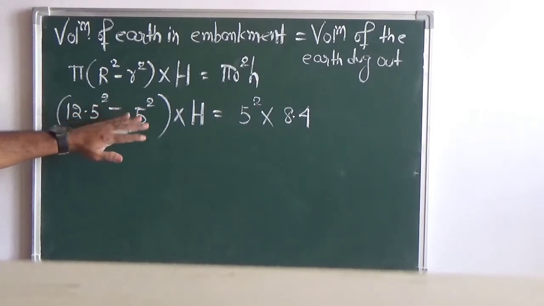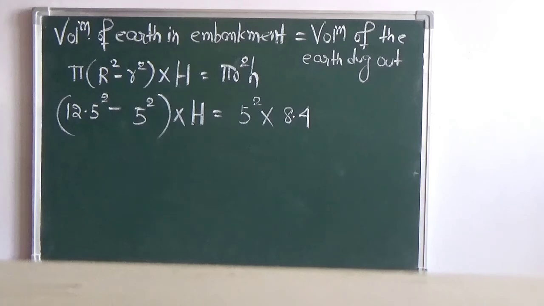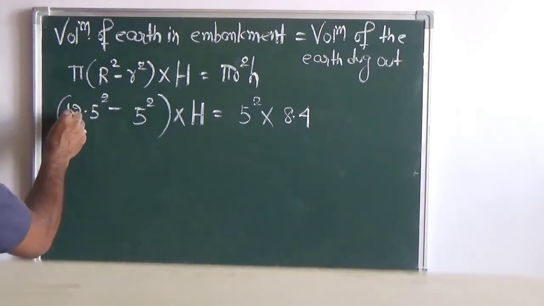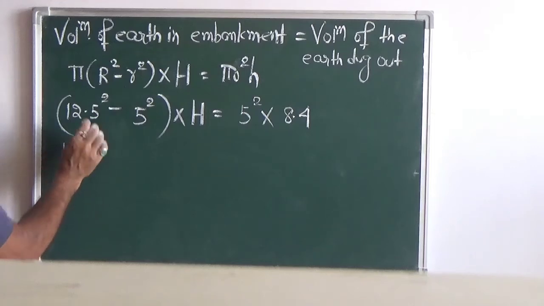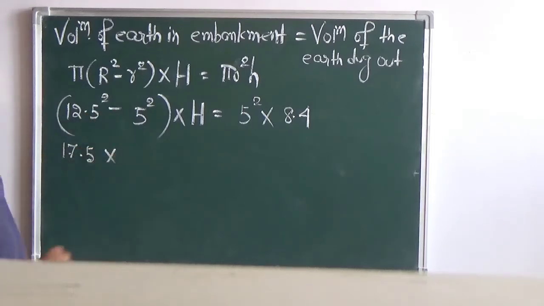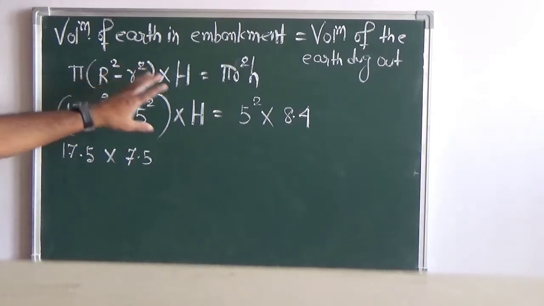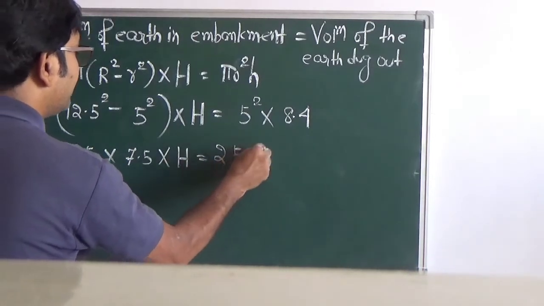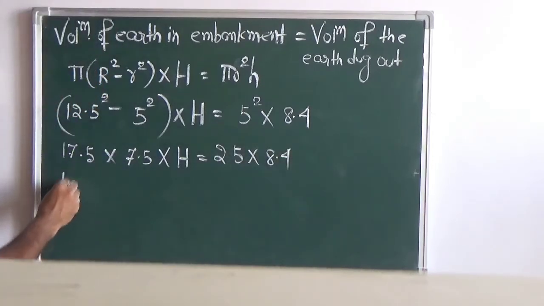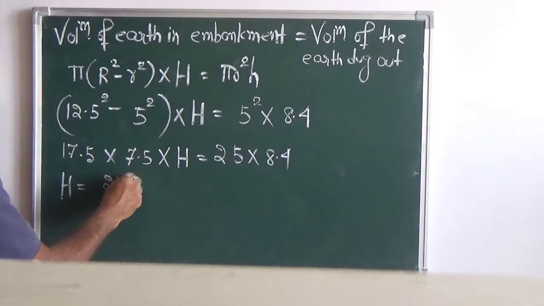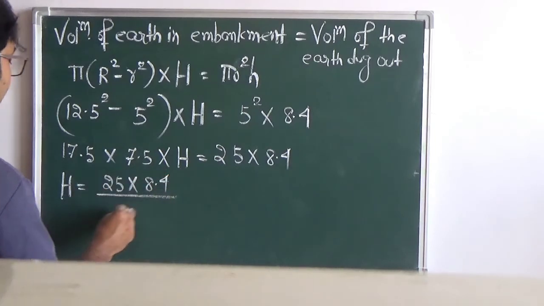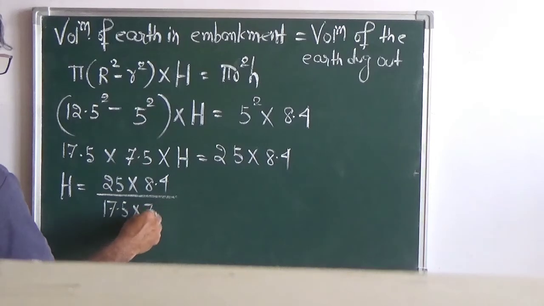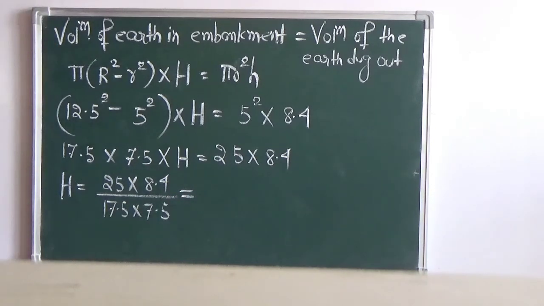So there we can apply a square minus b square, so we have 17.5 multiplied by 7.5, a plus b into a minus b, or otherwise you can square and then subtract, into h. This is 25 into 8.4. So we have h equals 25 into 8.4 divided by 17.5 into 7.5.